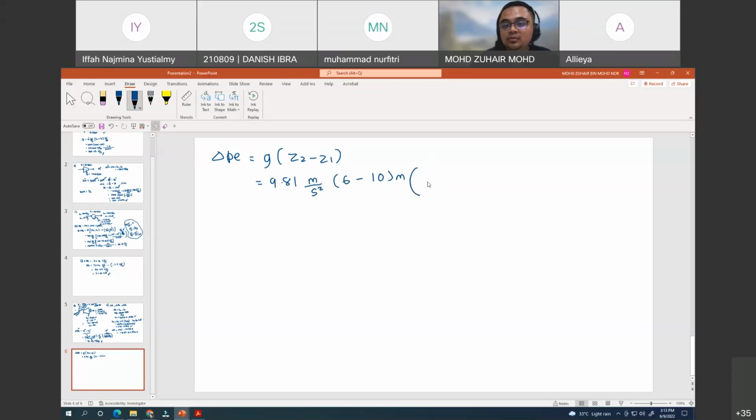So we need to also change the unit with 1 kilojoule per kg equals 1000. So for the potential energy, the final answer is 0.04 kilojoule per kg. Okay, so dapat tiga-tiga, all the magnitudes of the three ni lah benda yang dicari.